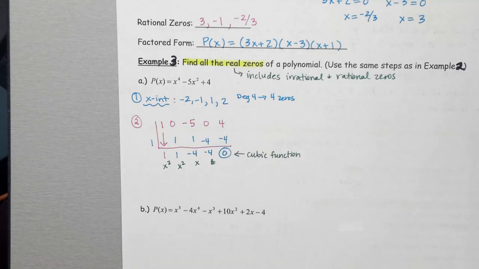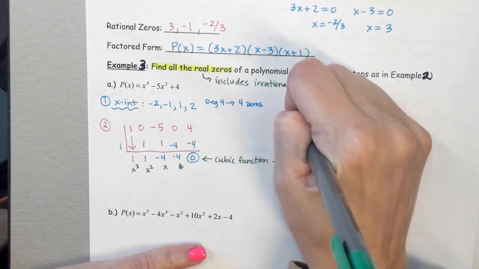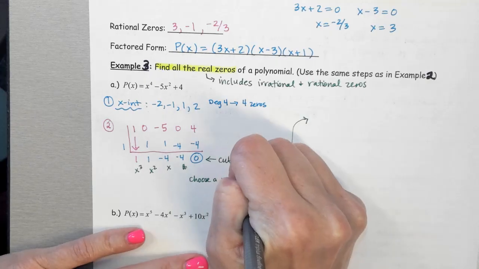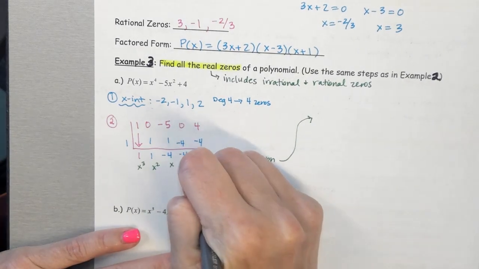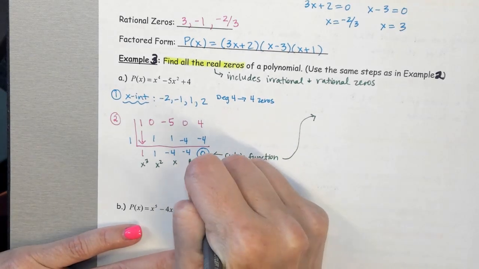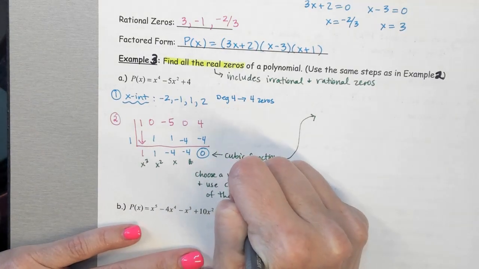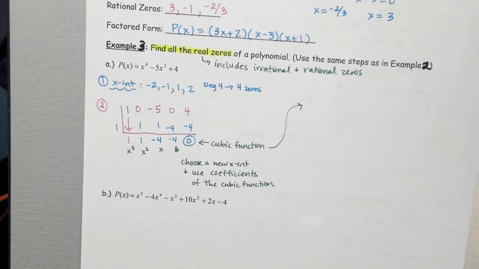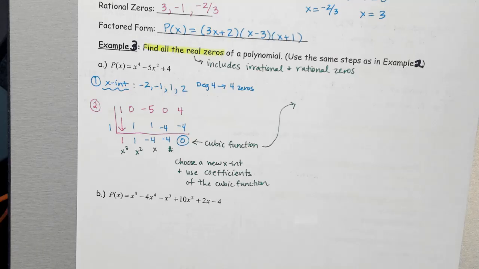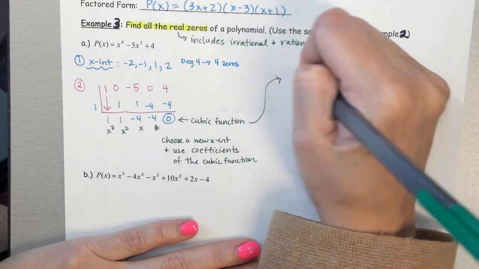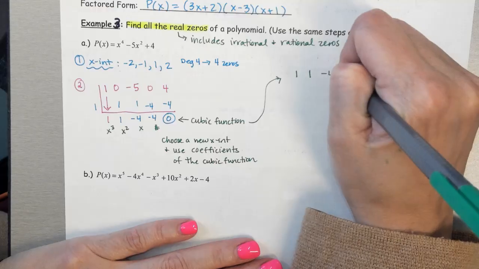What I recommend is that you choose a new x-intercept and use the coefficients of the cubic function. Then you're going to use 1, 1, -4, -4.